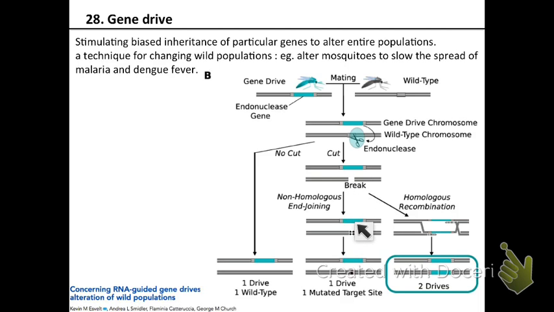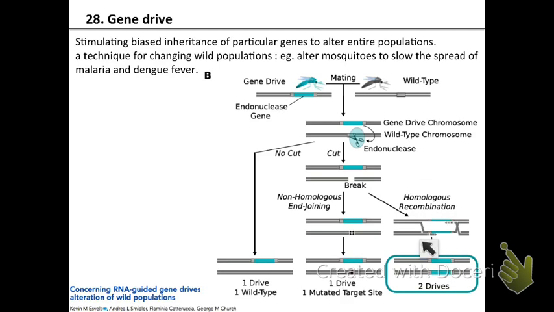And if that recession results in homology outside the inserted gene, what will happen is that homologous recombination can, not always, but can lead to gene conversion, which you learned in the homologous recombination lecture, and now you have two copies of that endonuclease gene.